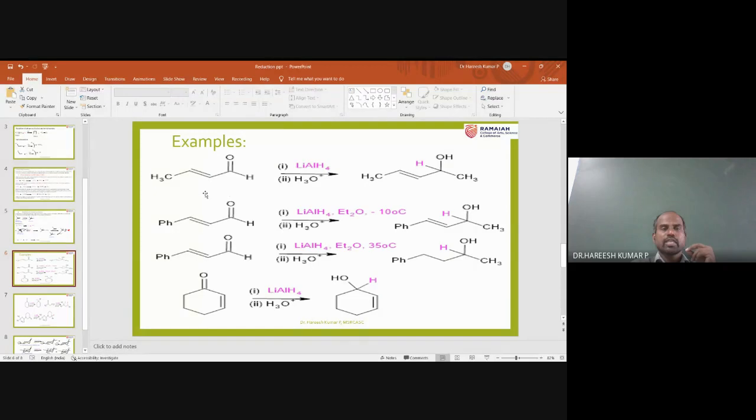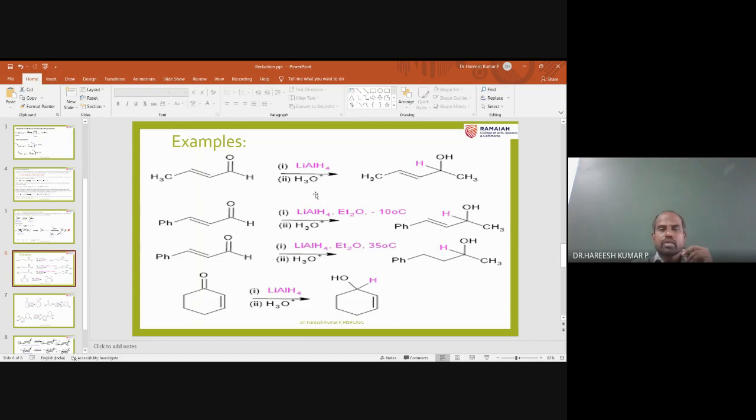More particularly, it's called 1, 2, 3, 4, 2-butenal is the IUPAC nomenclature. So H minus can add to this carbonyl carbon, giving rise to an alcohol.